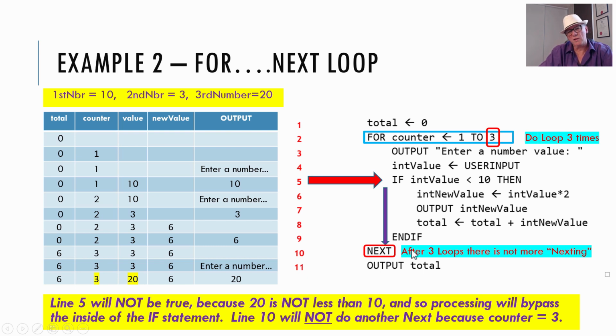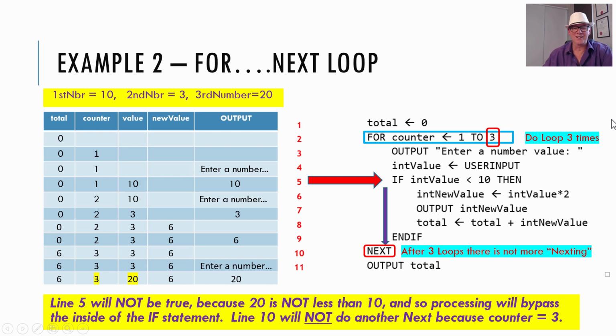The logic says that after 3 loops, there's no more nexting. Okay, so that said 1 to 3. We're in our third time through. We've been 3 times through, so we don't jump up and do any more. That's it, we're finished. So all of those lines are finished, and finally we can move on to line 11, the last line, which is good because we've only got any room here over on the left to fit anything into our trace table.